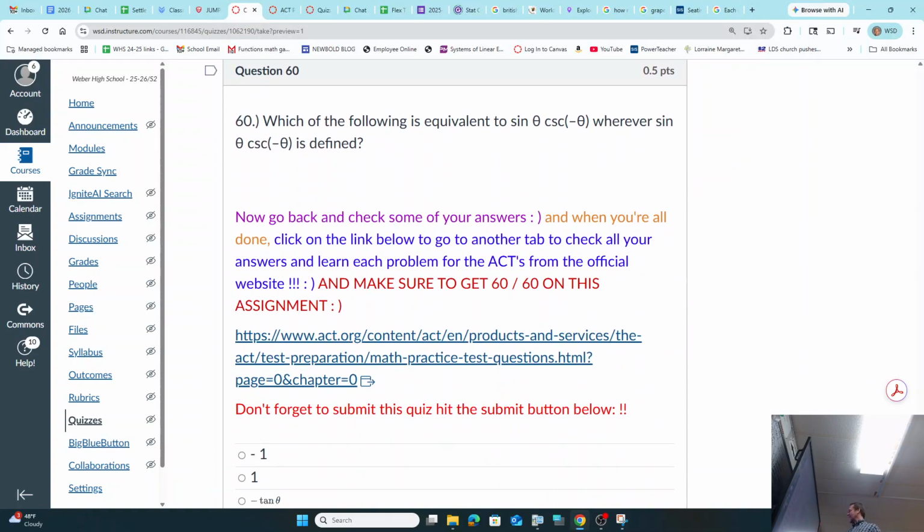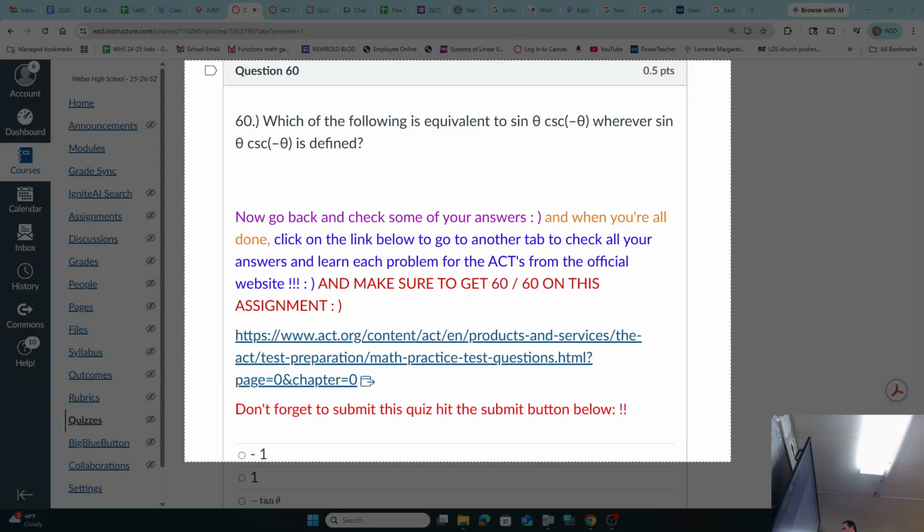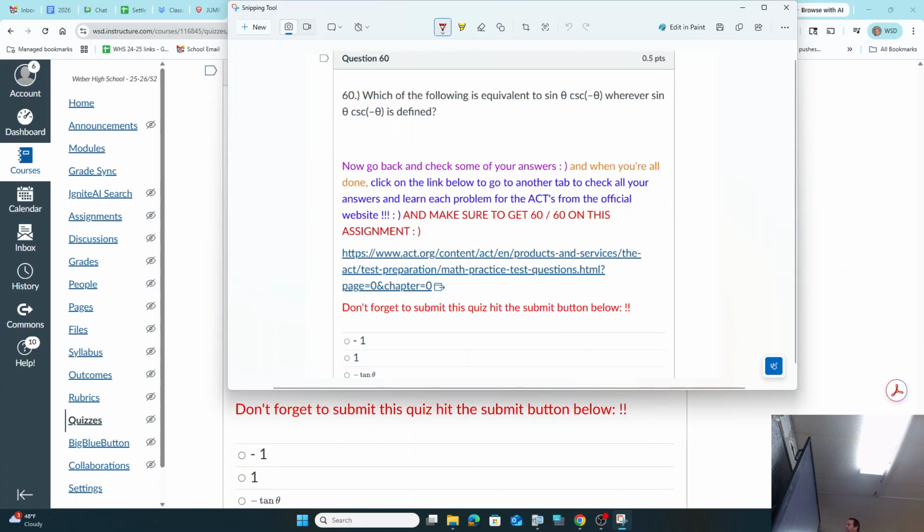Okay, last but not least. Do you remember what secant is? So secant is 1 over cosine, and cosecant is 1 over sine. And when you have a negative inside it, you could actually just pull it out.